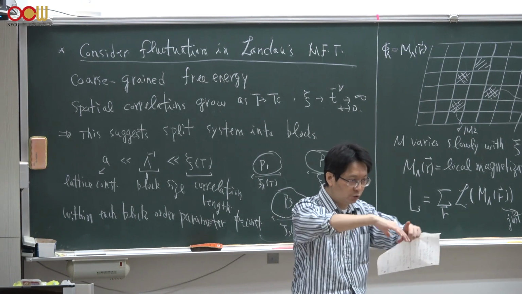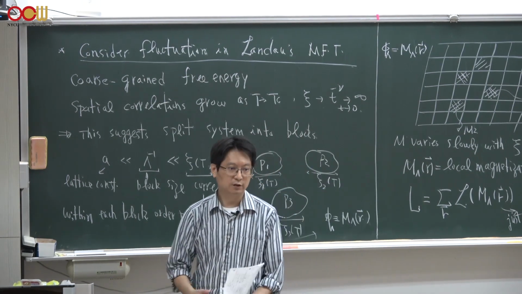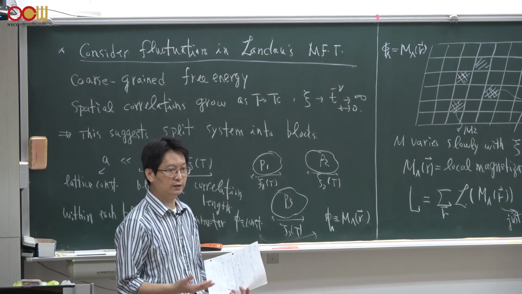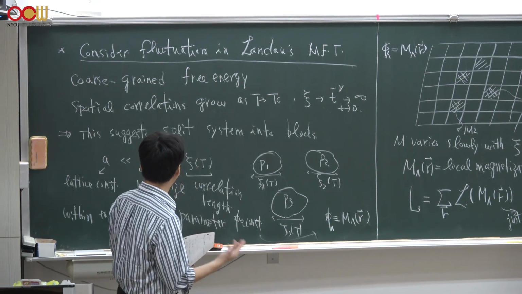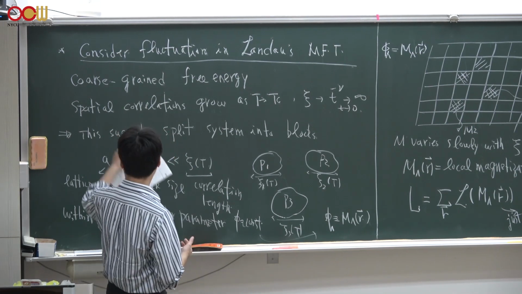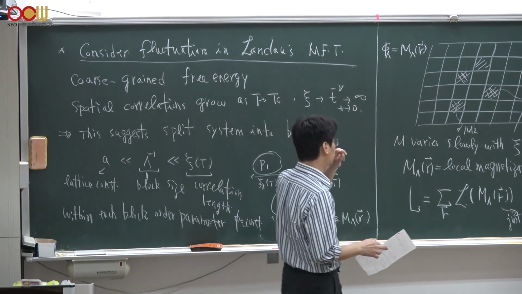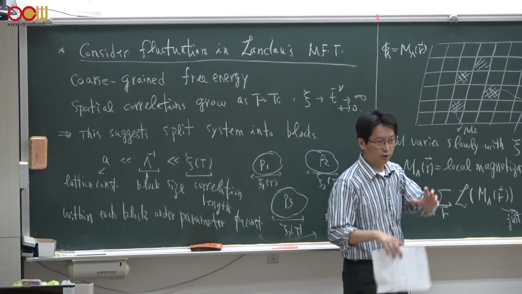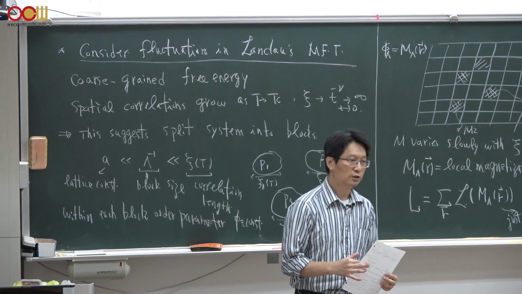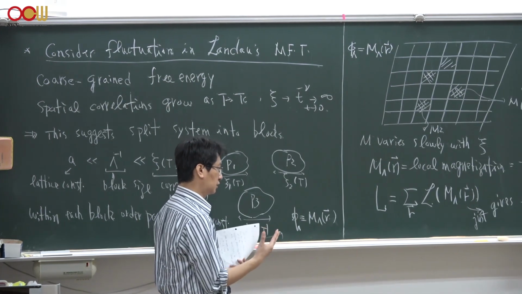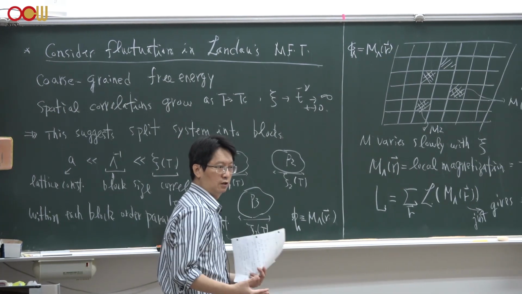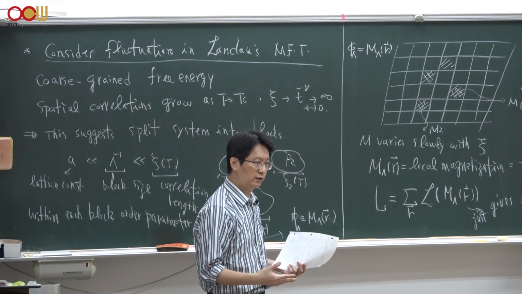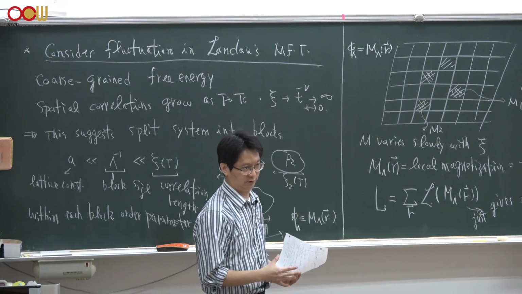So we could group a number of spins together within the length scale of a correlation length. That's the meaning of the so-called coarse-grained free energy. Coarse-grained means that we can group together a couple of spins locally to form a cluster of spins, so that from far away you don't see individual spin degrees of freedom. Rather, you see a cluster of spins.